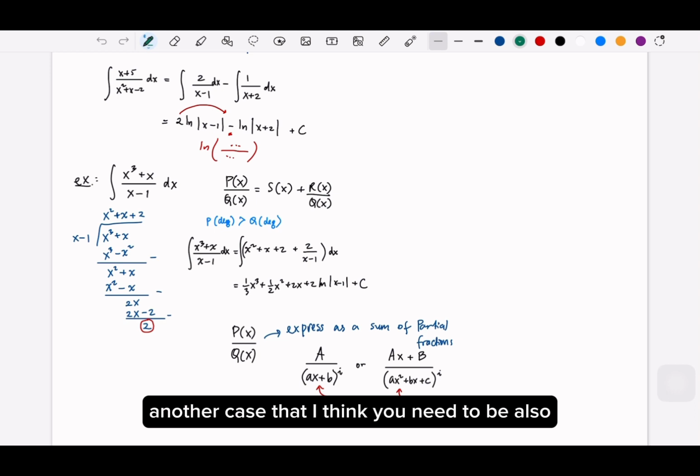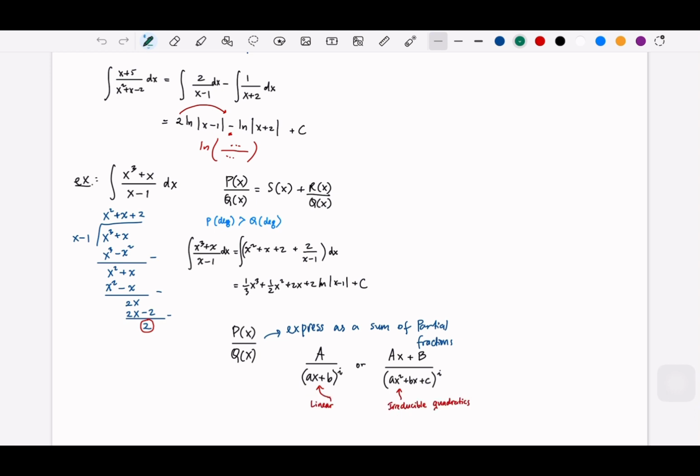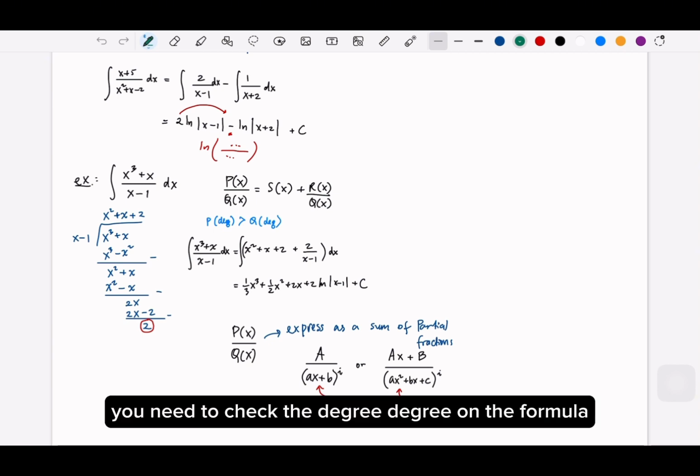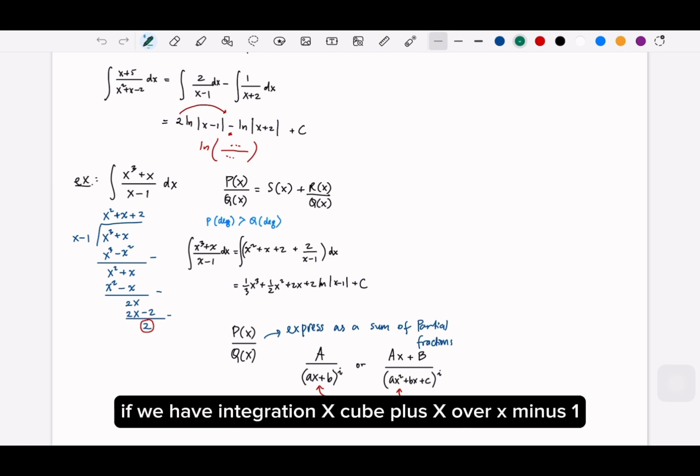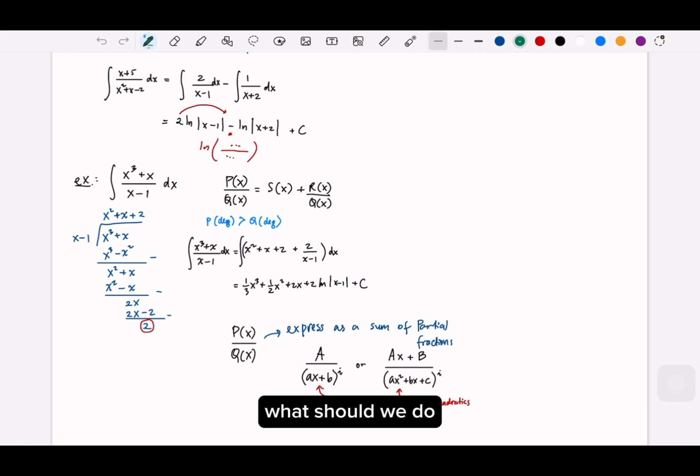Another case that you need to be aware of is to check the degree of the polynomial. For example, if we have the integration of x cubed plus x over x minus 1, what should we do?